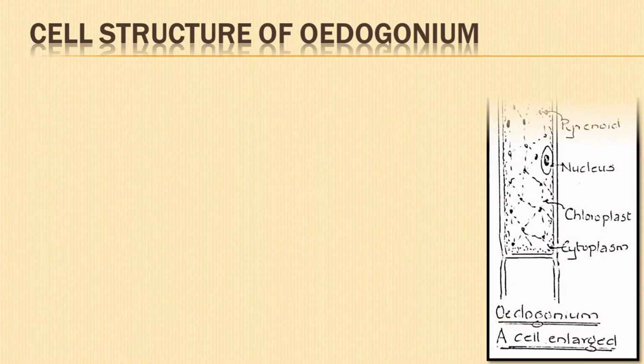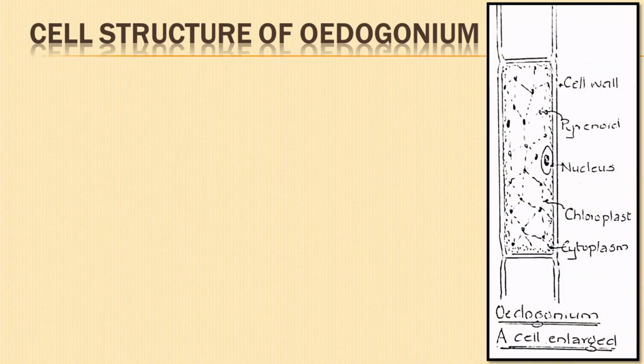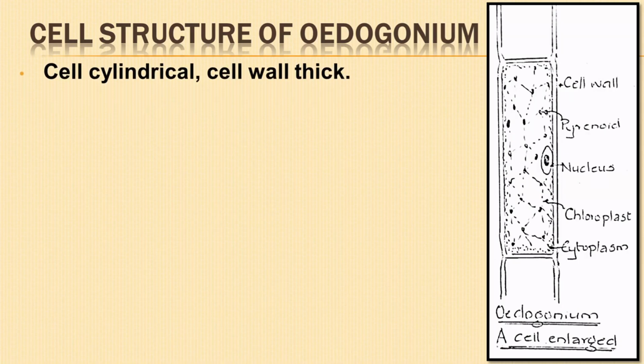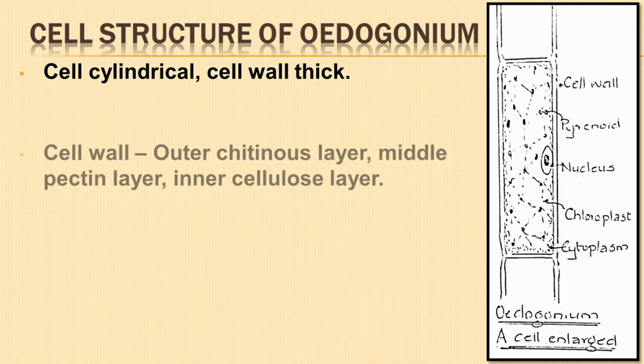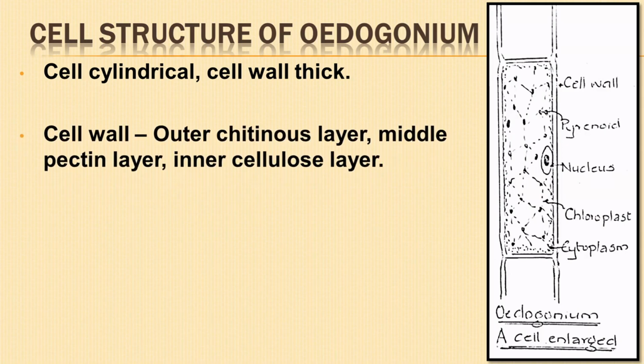Next, we shall learn about the cell structure of Oedogonium. The vegetative cells of Oedogonium are cylindrical and surrounded by a thick, rough and rigid cell wall. The cell wall is made up of outer chitinous layer, a middle layer of pectin and an inner layer of cellulose.